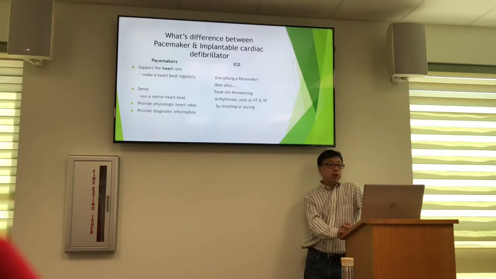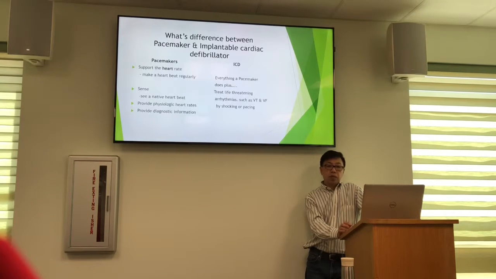What's the difference between pacemaker and ICD? A pacemaker helps control abnormal heart rhythms. It uses an impulse to prompt the heart to beat at a normal rate. It can speed up the heart rhythm, control a fast rhythm, and coordinate the chambers of the heart.